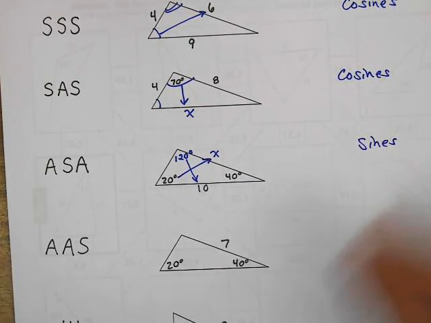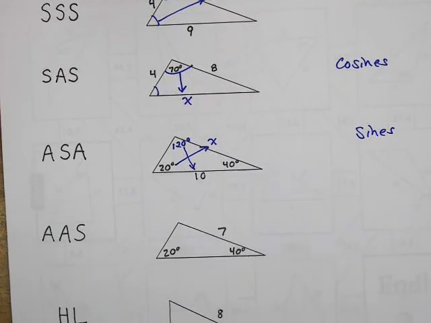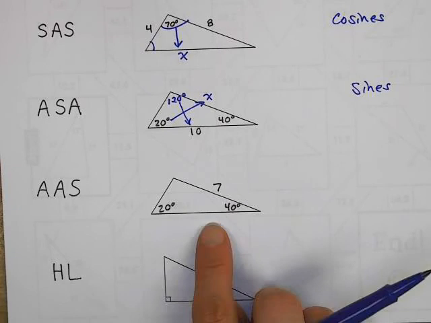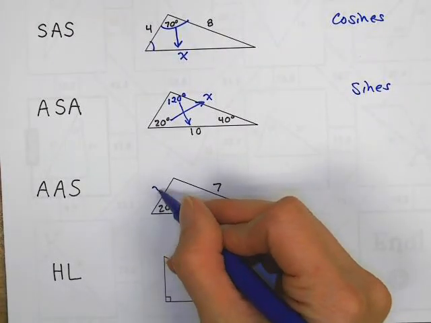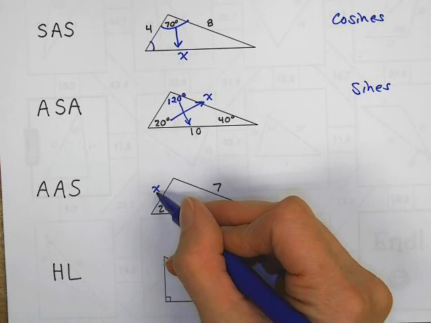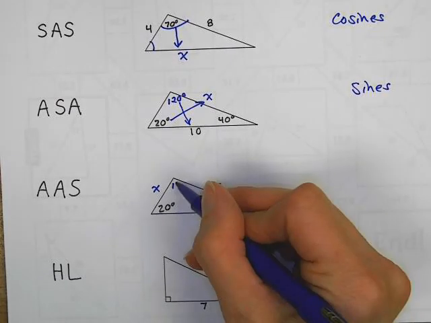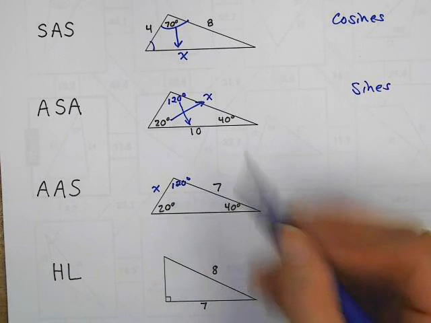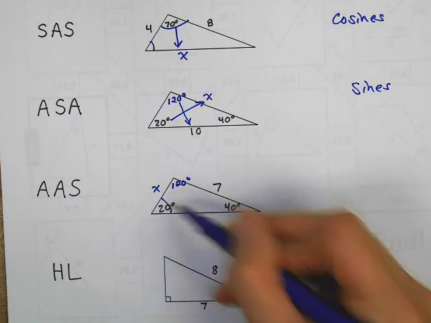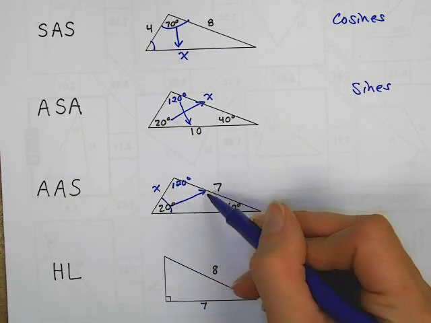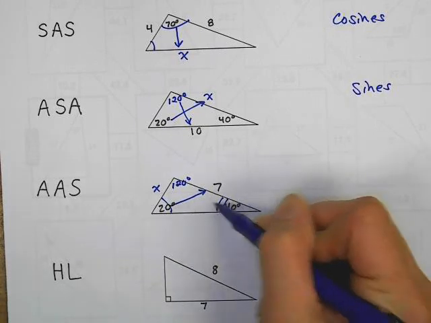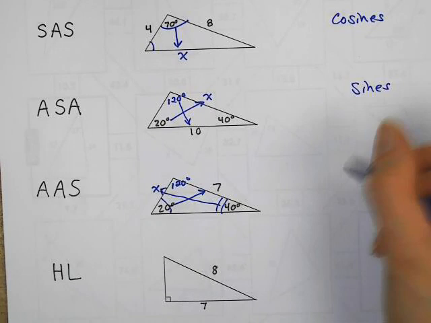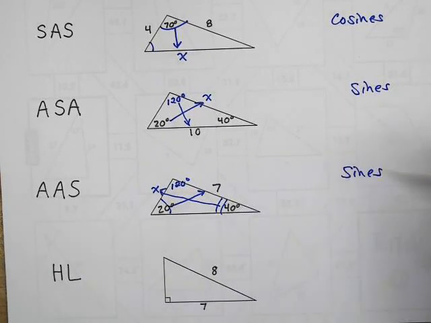I don't think you could even do law of cosines here. All right, let's see. What if we have this? What if I'm trying to find this side? Well, I know this angle right here is 120. Sine of 20 goes with 7. Sine of 40 goes with x. This would be a good time to do law of sines.